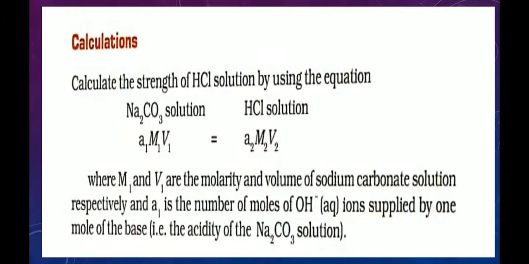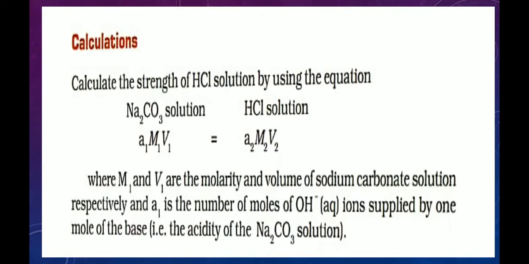Let us do calculation for this titration. To calculate the strength of HCl solution, we use molarity equation, that is A1M1V1 equal to A2M2V2. Here A1 are the number of moles of OH negative ions provided by sodium carbonate solution.